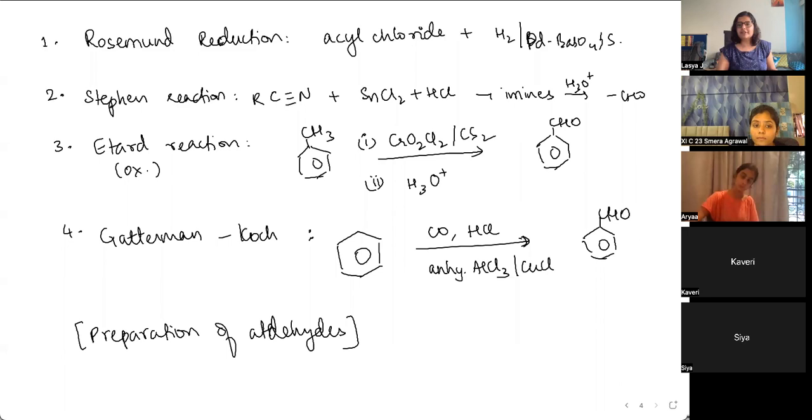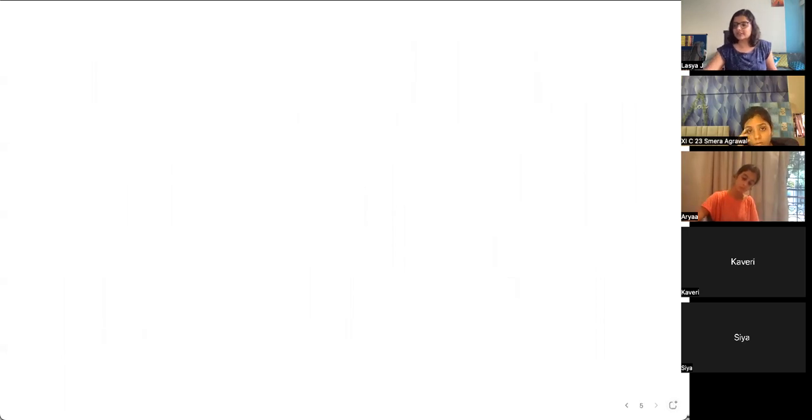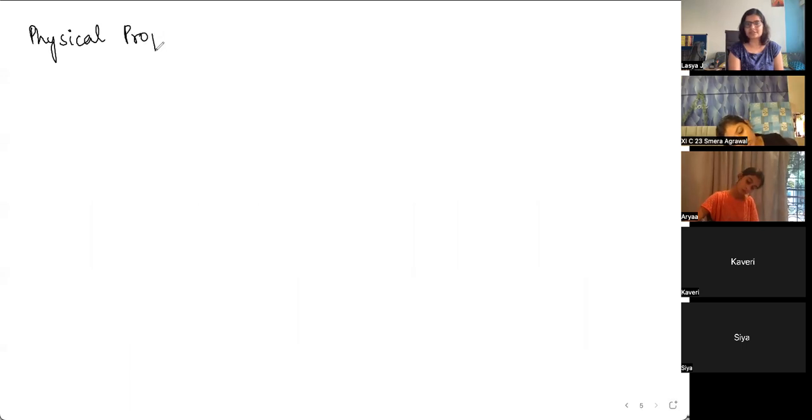Okay, before we get to chemical properties, we'll quickly go over some physical properties. Pretty simple. It's the same 3-4 points that we will always discuss. The first one being the physical state of aldehydes and ketones.